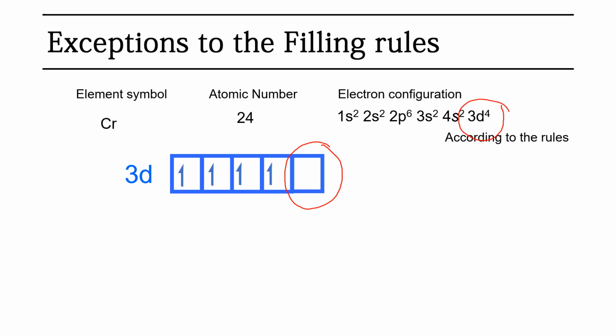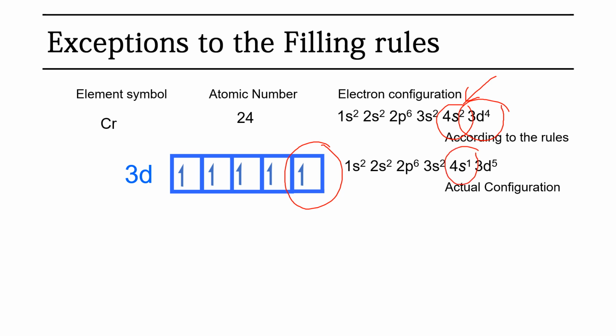However, if it is filled, with a total of 5 electrons, it is a stable form. So 1 electron from the 4s orbital can move into this orbital and fill it. Therefore, the 4s orbital loses one electron, and the d orbitals gain one electron. Therefore, in chromium, the correct electronic configuration is the second one.